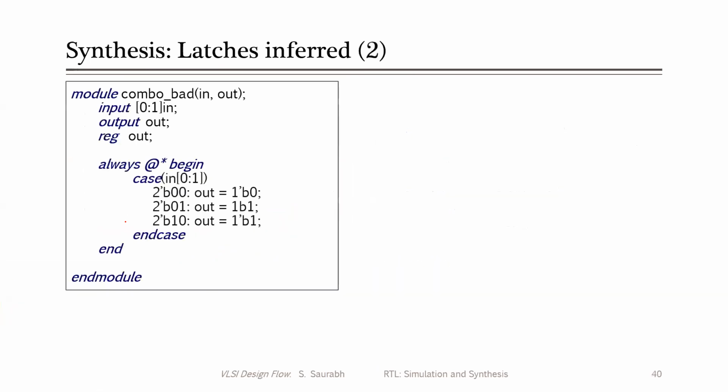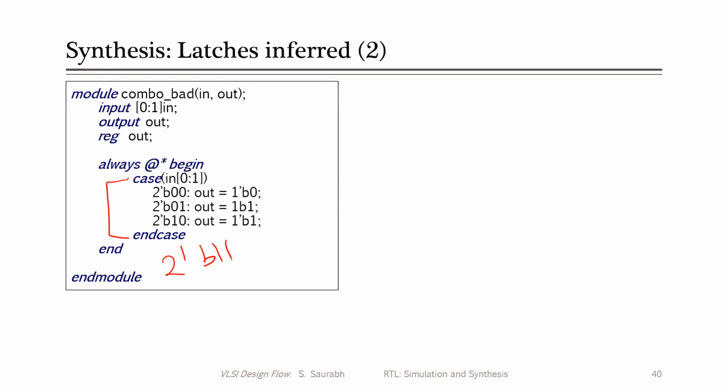So suppose we wanted to model a combinational circuit and wrote a case statement like this, and it will be inferred as a latch. Why? Because for the case 2'b11, we have not written anything. So if that is the case, then a latch will be inferred.